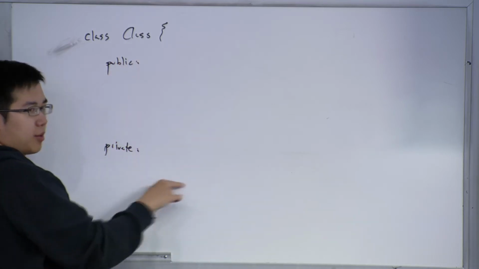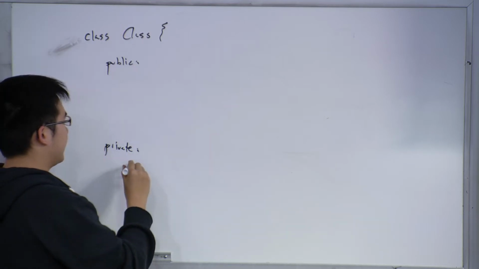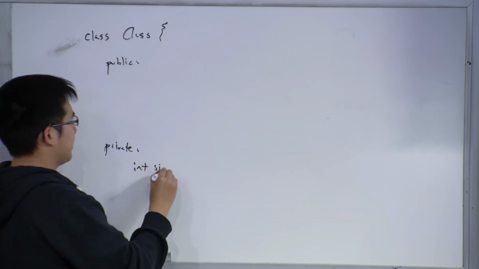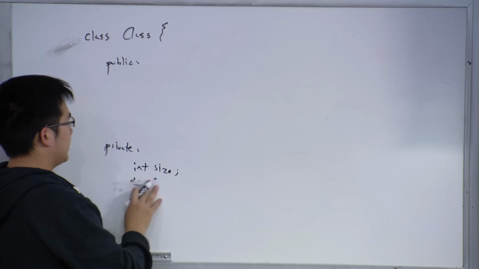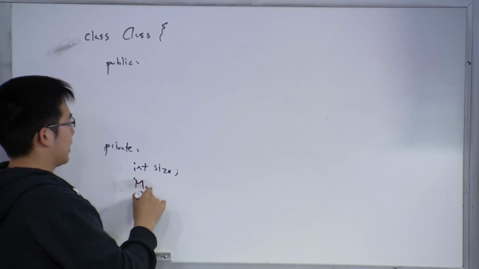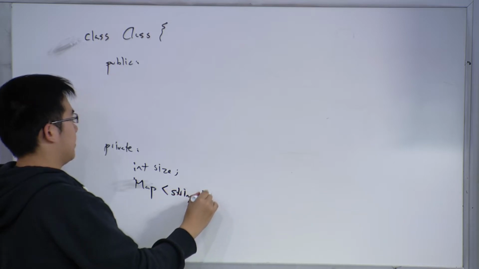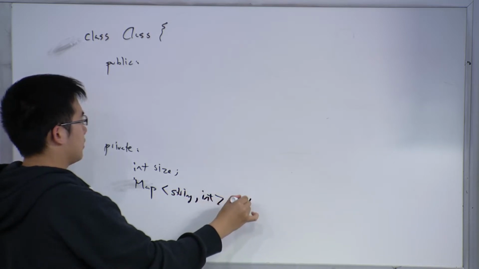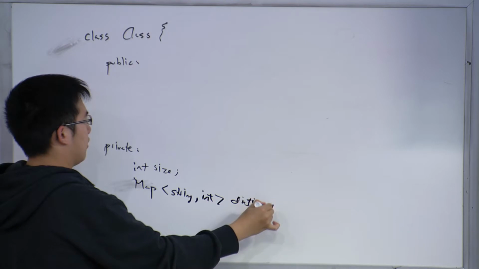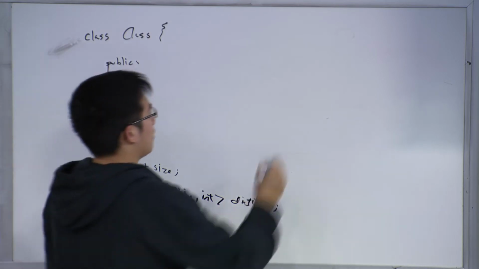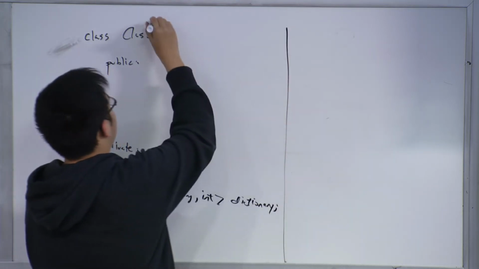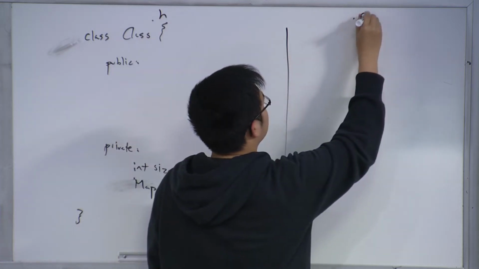You can put your instance variable in the private section. Suppose I had int size, and we were storing a dictionary, a map of strings to ints. This is the .h file, and this is the .cpp file.